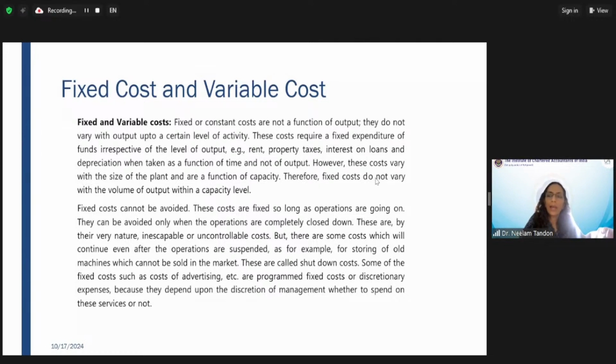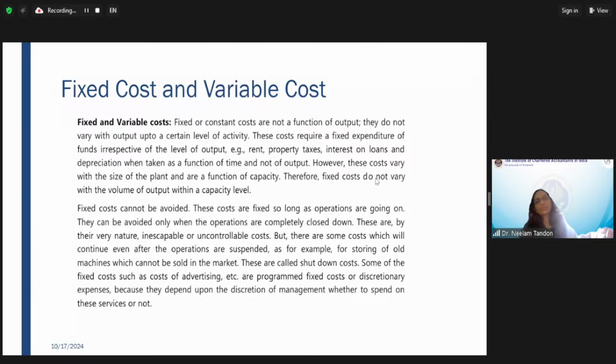So that land and machine, which is very much there, and you have incurred cost, but आपका production अभी शुरू भी नहीं हुआ. And if you will start producing more, then also this land and machine will be sufficing. So that means this land and machine cost is not going to change with the production. जितना ज़्यादा production करेंगे उसके हिसाब से cost बढ़ेगी नहीं.